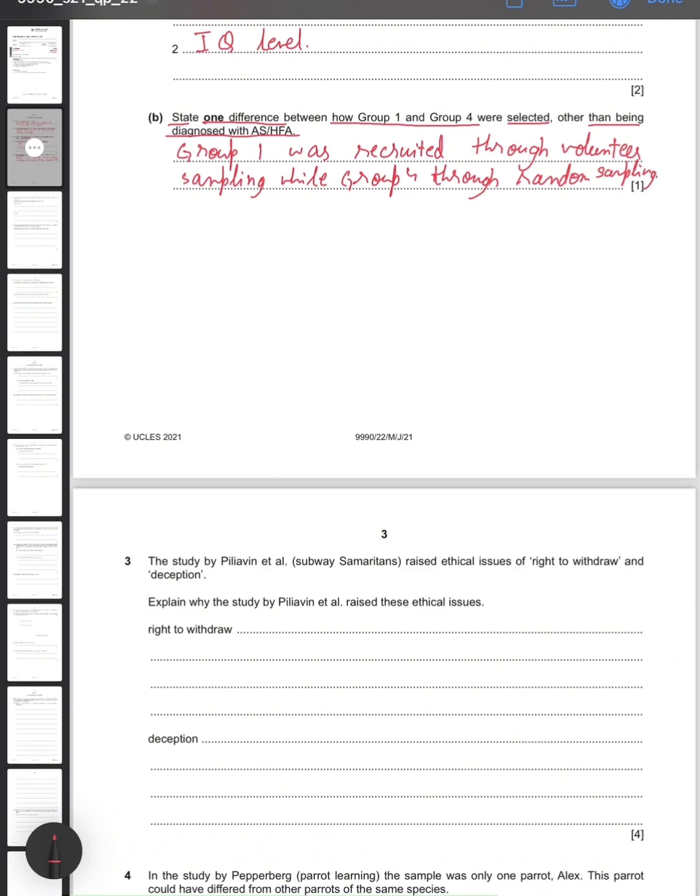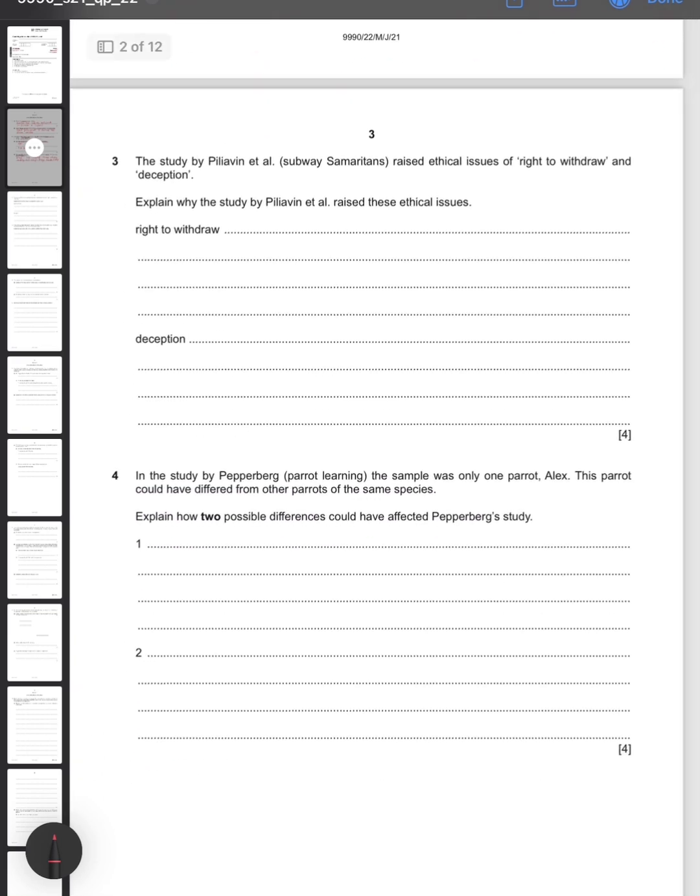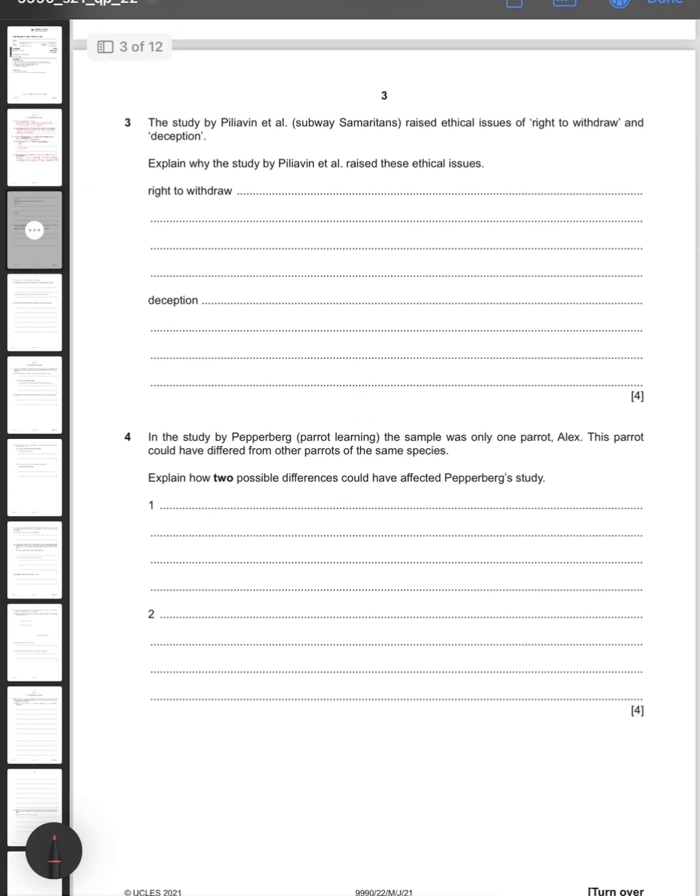So we know that one difference was that group 1 were volunteer sampling, or they were self-selected, and group 4 were randomly selected.